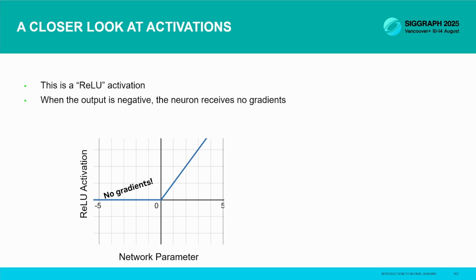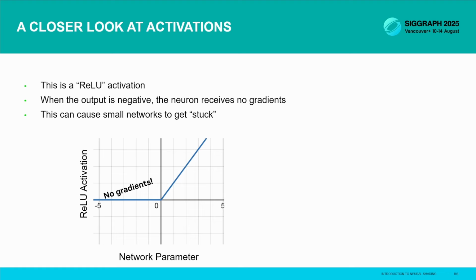That means the derivative, the gradient, is 0. If you're particularly unlucky with your initialization, and for any input, the output of the network layer is negative, all of its derivatives are 0 all the time, and it never receives any updates at all. It gets stuck in this initial state and doesn't progress.